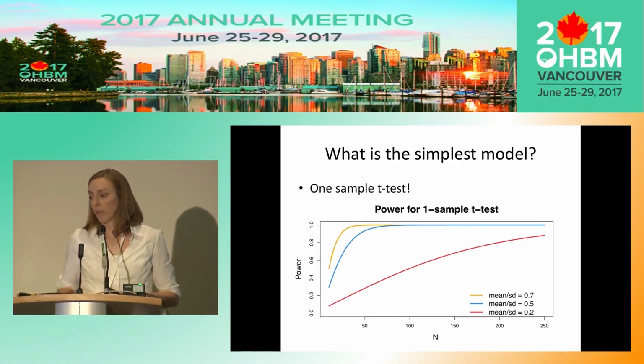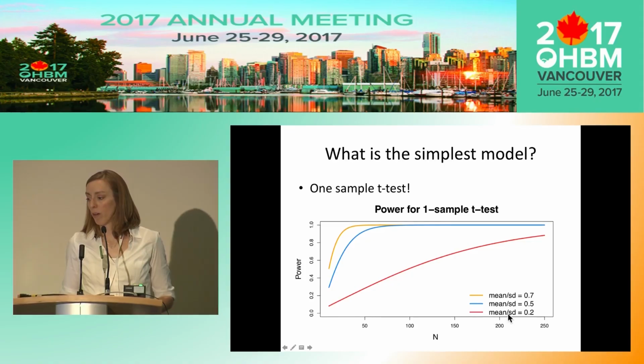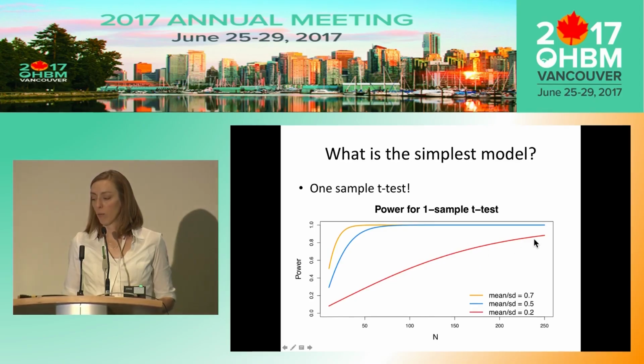So these are the power curves for the one sample t-test. I think these are close to Cohen's cutoffs for small, medium, and large effects. So this is in mean and standard deviation units. And you can see for the smallest effect size of 0.2, even with 250 subjects, you're barely at 80% power.